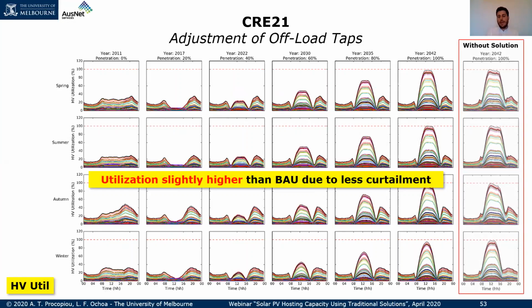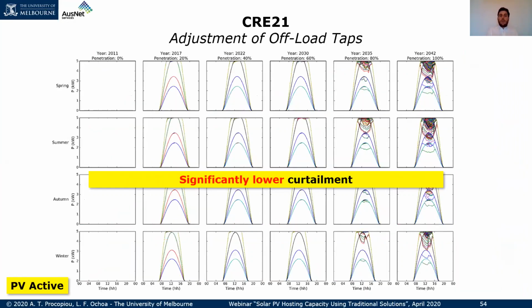Now, going to the benefits to the customers, this slide shows that we can increase the benefit that we have shown with the adoption of the Volt-VAR and Volt-Watt settings alone. Adopting the offload tap changes can further increase that benefit to customers, where essentially we can see that up to 60% penetration of PV systems, none of the customers had to curtail generation.